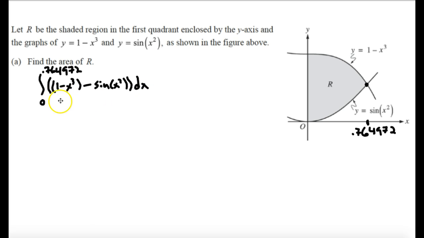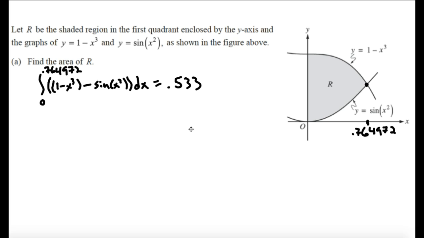Make sure you're using parentheses appropriately here, putting parentheses around the first function, then minus, you could even put another set of parentheses around sine here. Now, this was a calculator question, so I can just plug this into the calculator, and I think we get 0.533 or 0.534. Remember they'll accept either rounding or truncating.